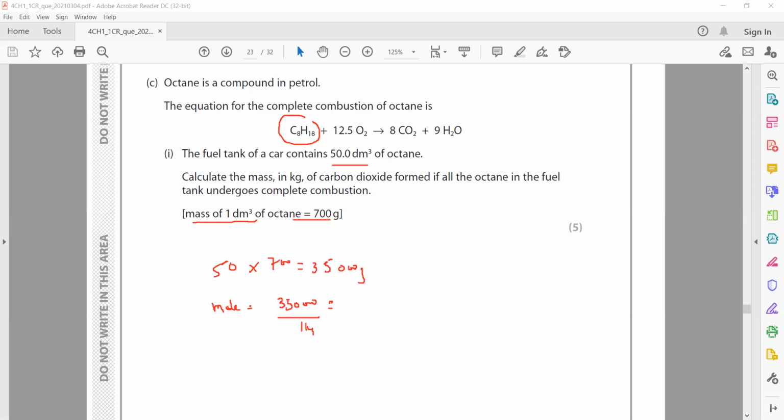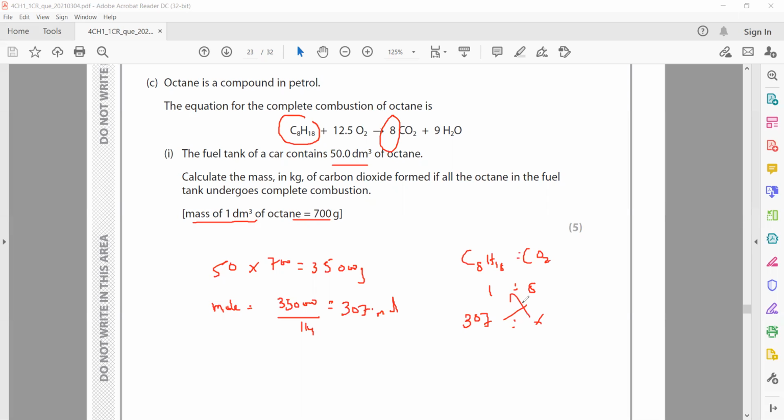This will be 307 moles of octane, and the mole ratio between carbon dioxide and octane is 1:8 from the equation. So 1 mole of octane gives 8 moles of carbon dioxide. So if we have 307, then this will be x.